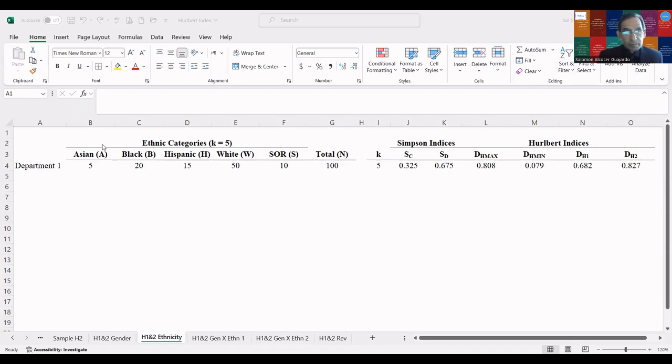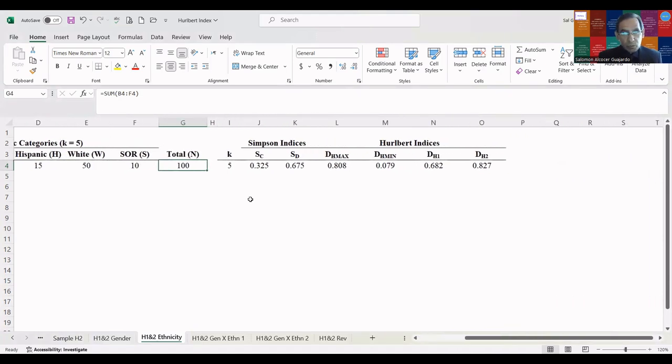So I have the ethnic data, and for each ethnic group, I have the number of Asians in the workforce. I have the number of Black employees. I have the total number of the Hispanic workforce, white workforce, and some other race. Again, I have 100 individuals.